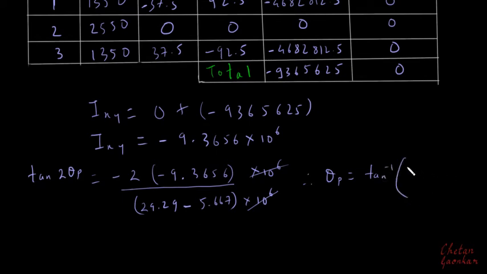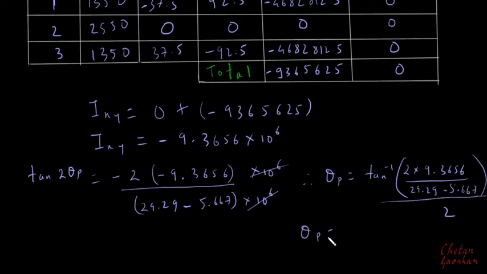tan inverse of 2 times 9.3656 divided by 29.29 minus 5.667, and this divided by 2.